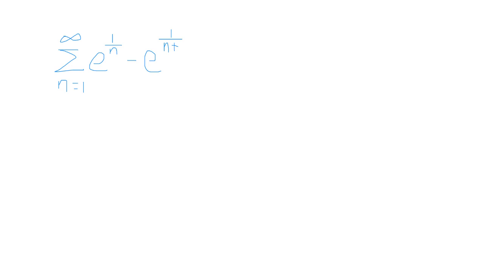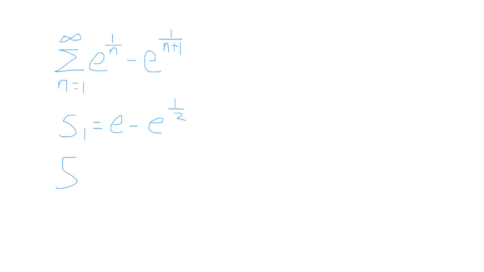Right, let's write down a couple of terms. S1 is just the first term, just A1. So it equals e to the 1 over 1, just e, minus e to the 1 over 1 plus 1, e to the half.